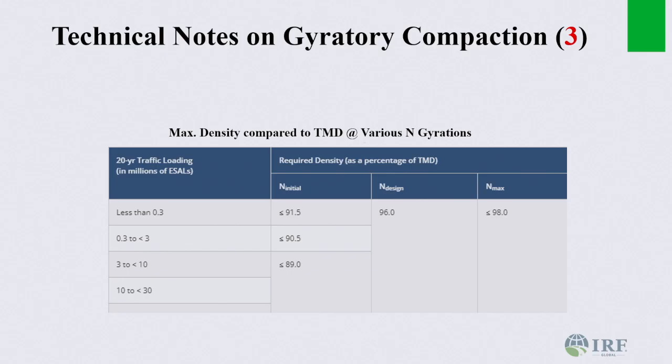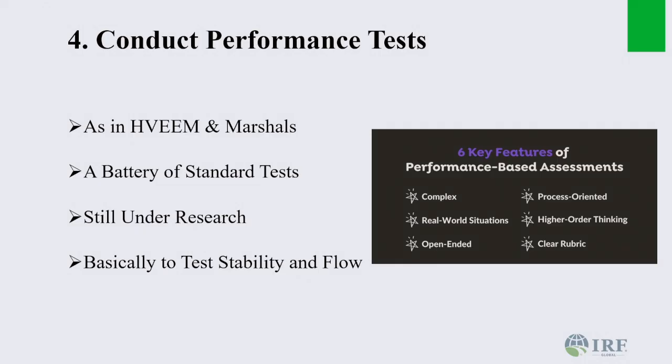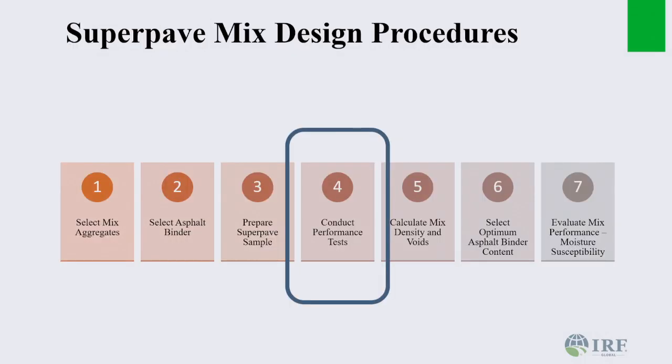Between this range, these are given. So you have an idea of the number of gyrations, or basically load repetitions, that your asphalt can take during performance. Now, at this stage, we will pick the asphalt and conduct some performance tests.